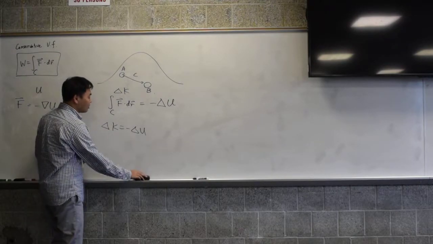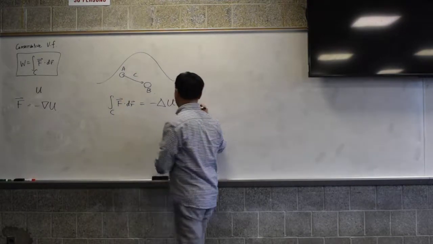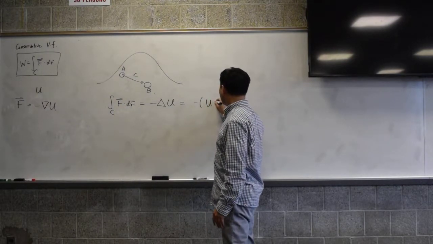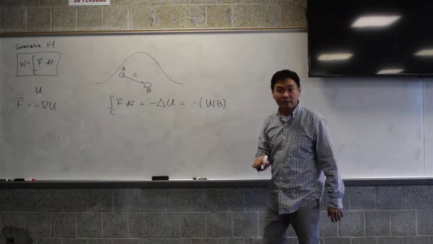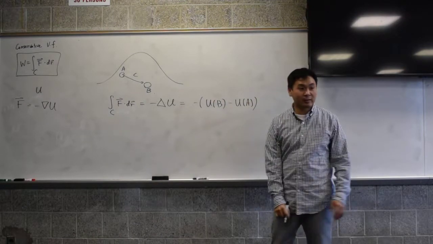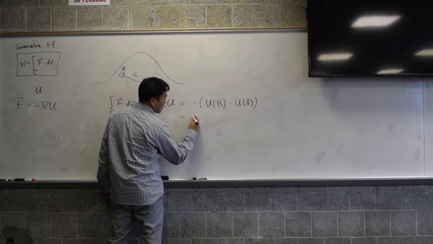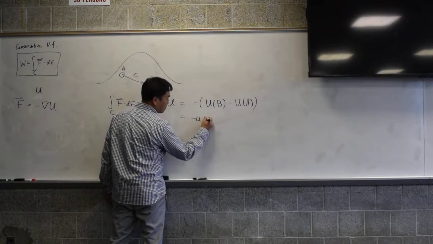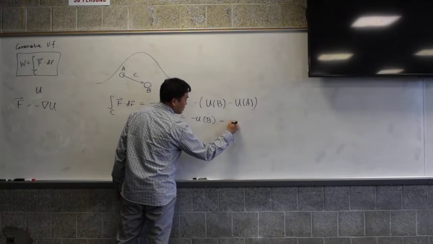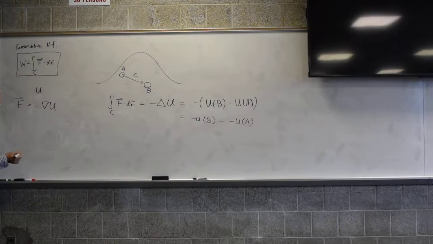All right, so let's see what that says. That's really the negative of potential energy at point B minus potential energy at point A. Or, if you think about it, this is like negative of U at B minus negative of U at A. Now, physicists like to use this negative, but mathematicians like to use positive.